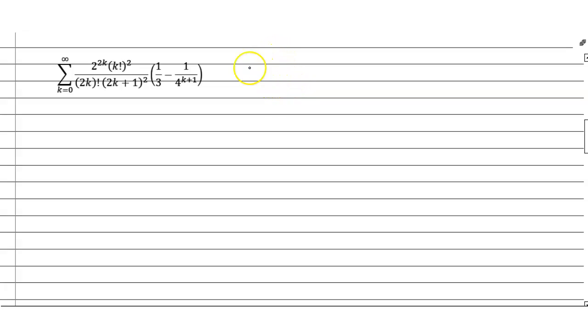2 to the power 2k, k factorial whole square.